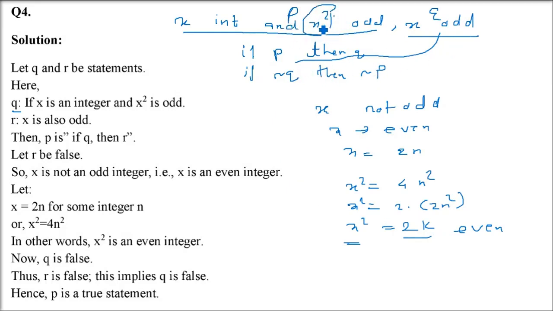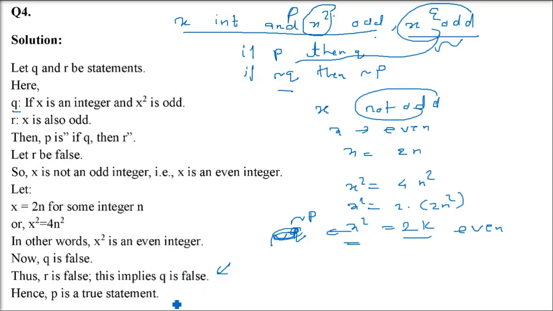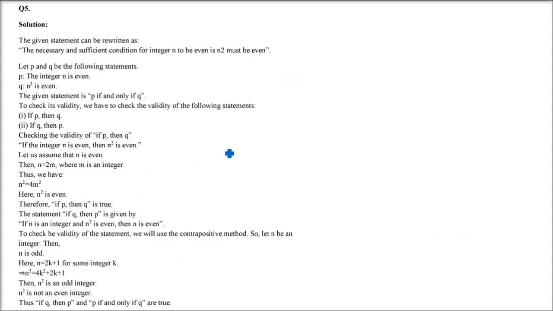If I assume not R, I proved it to be not Q. That is, we are by any means saying if P then Q. So this is a true statement. R is false, that is implying Q is false. You need to go back to the theory and understand it well so that you understand how we can write in a contrapositive way.